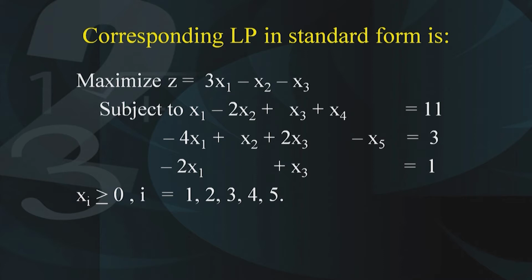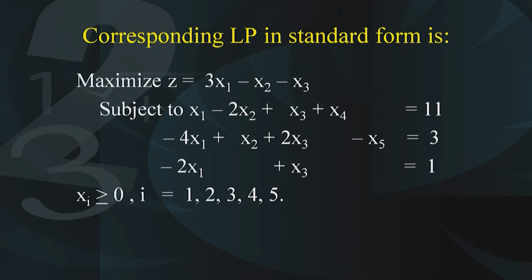So, the objective function will become 3x1 minus x2 minus x3, because in the given problem it was of the minimization type. So, we have to multiply it with the negative sign in order to make it into a maximization problem. Now, let us look at each of the constraints one by one.